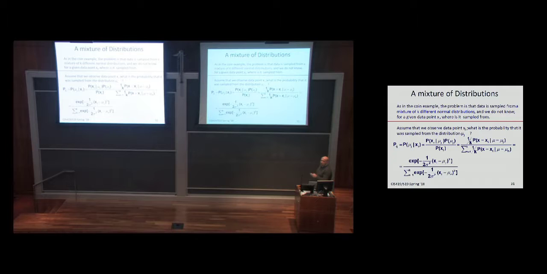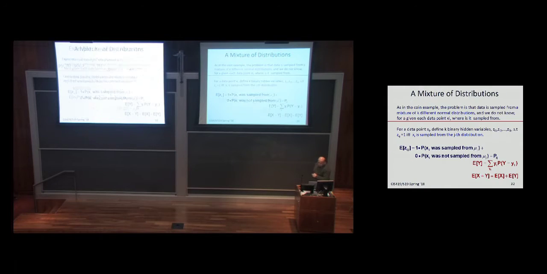Okay? I have k clusters, and therefore what I have now is P of xi given mu is mu_j, normalized. The 1 over k is going to disappear, and what I'm going to get is this expression for the normal distribution. Okay?